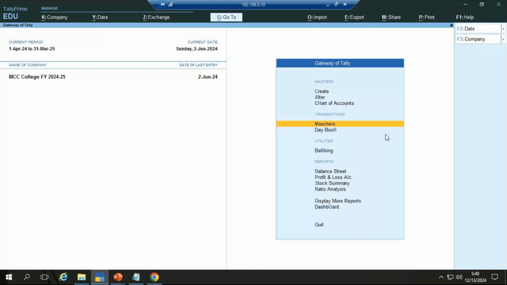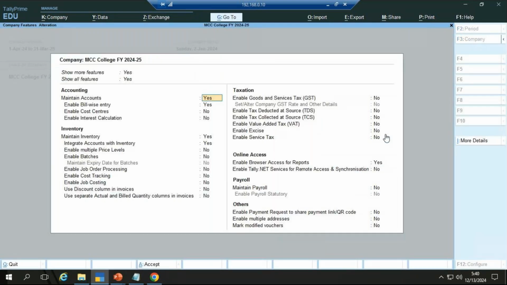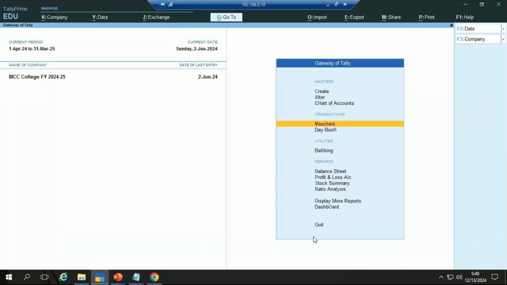Then press F11. You didn't get it? No, ma'am. Do one thing. Just press F11. Only the F11.